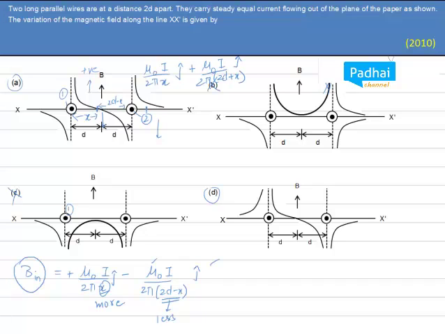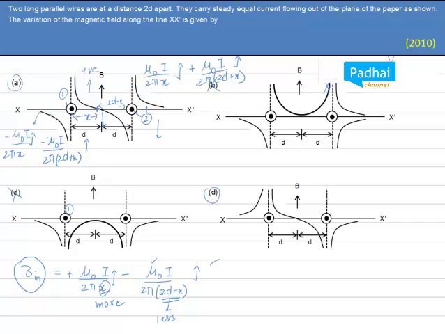Both of them will be increasing the magnetic field, right? It will be positive. And if I talk about over here, it will be minus mu naught I by 2 pi x into j cap minus mu naught I upon 2 pi into 2d plus x into j cap, right?